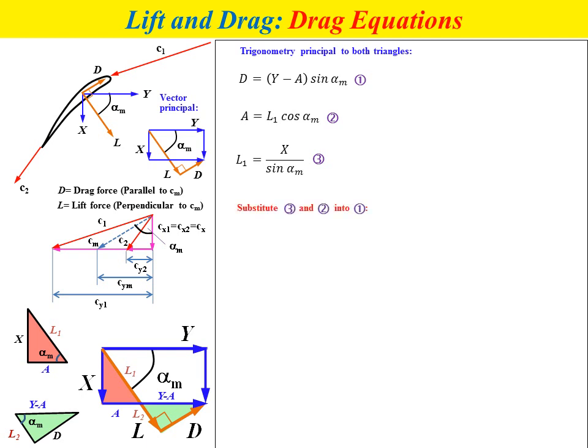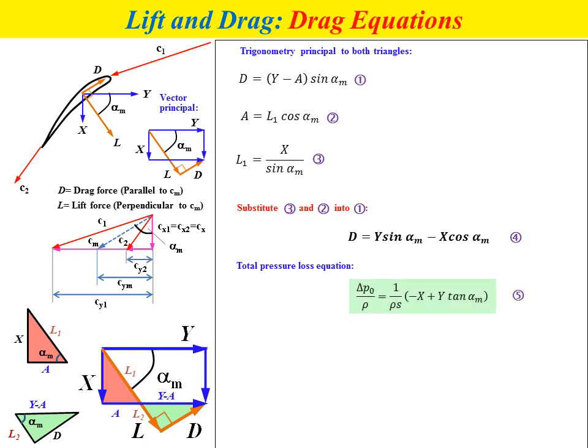Substitute equation number 3 and 2 into equation number 1. So we'll get the general equation for drag force, D equal to Y sine alpha M minus X cos alpha M, which is represented by equation number 4. In order to include the total pressure loss equation, we need to use the basic equation for total pressure loss, which refers to equation number 5.